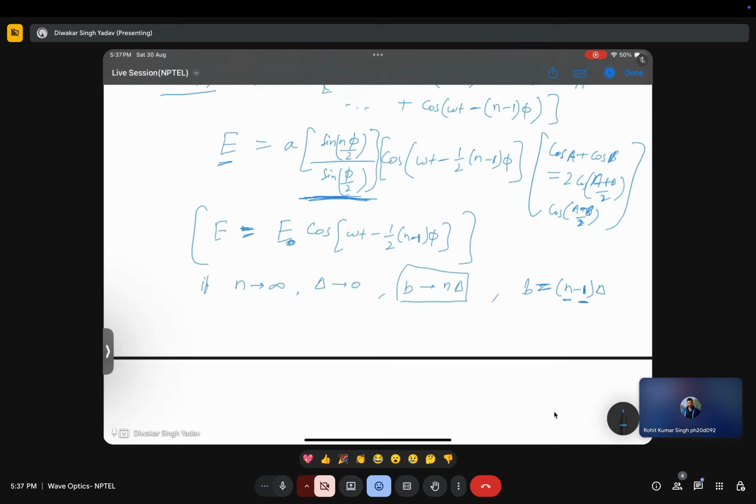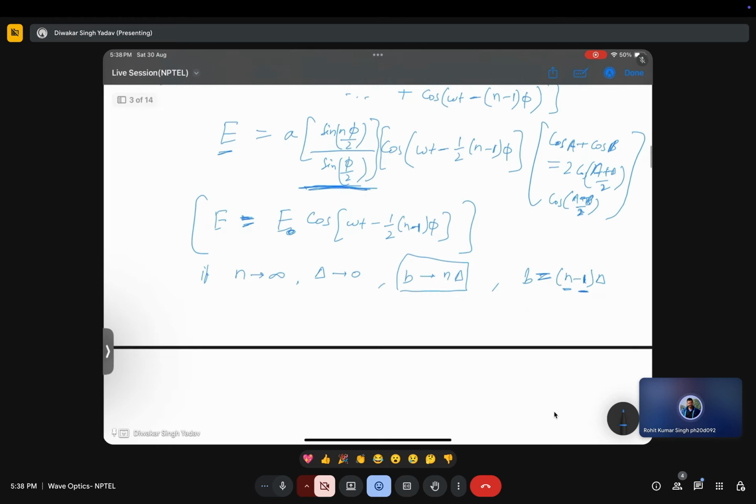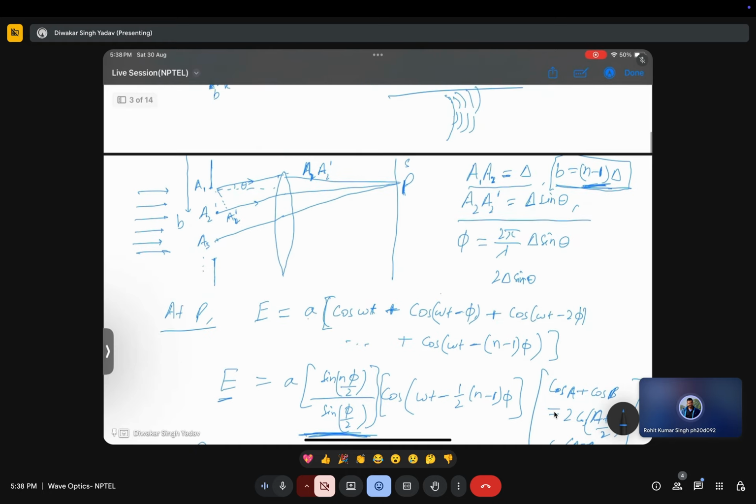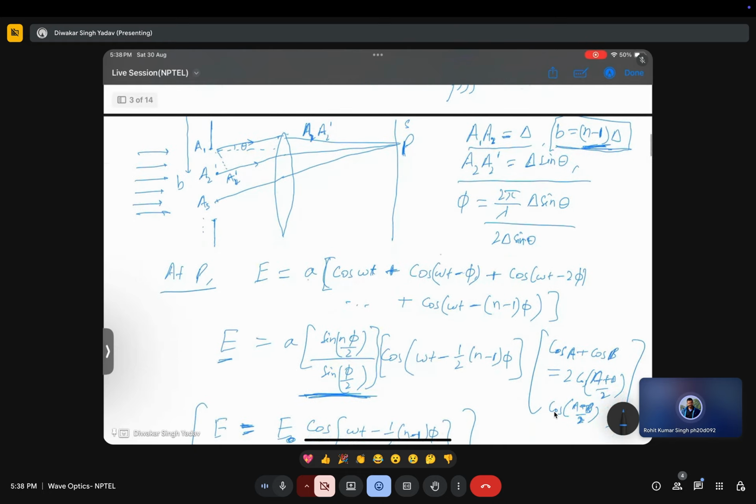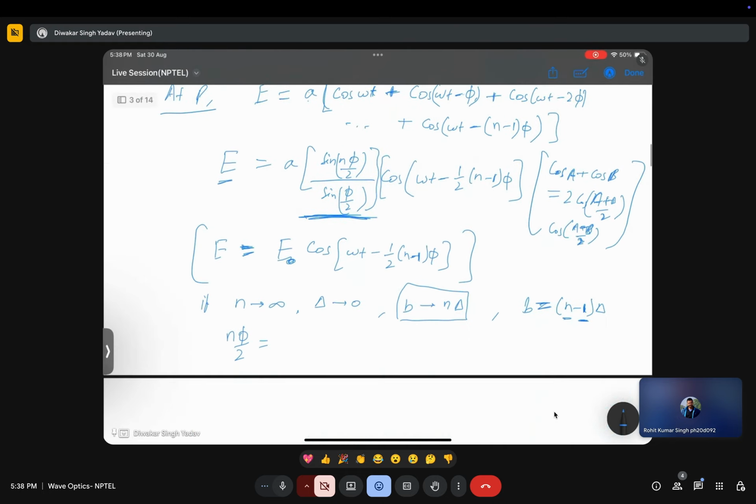Now in this case, n phi by 2, where phi is 2 pi by lambda delta sine theta, is n pi by lambda delta sine theta.